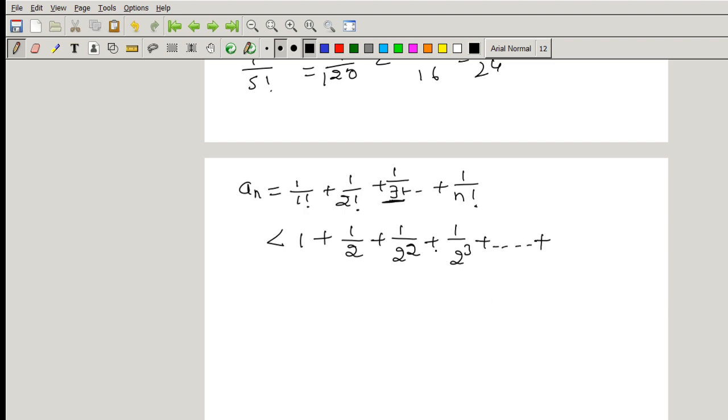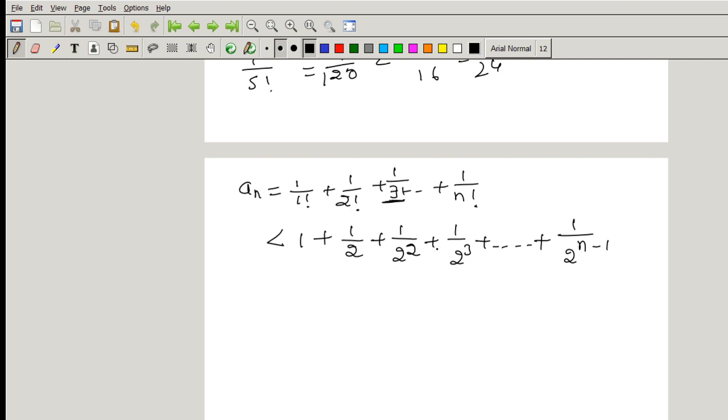For the second term we obtain 2 power 1, for the third term 2 square, for the fourth term 2 cube. Therefore for the nth term we will obtain 1 by 2 power n minus 1.